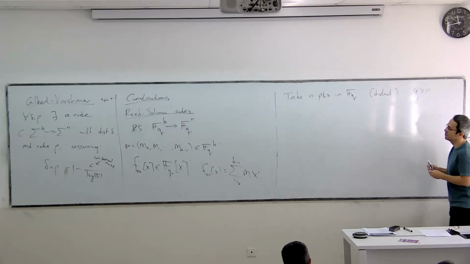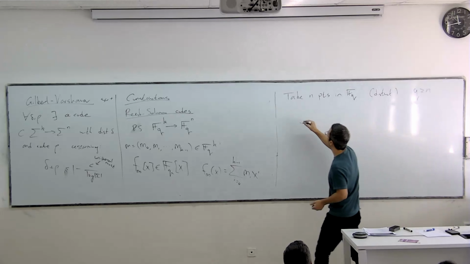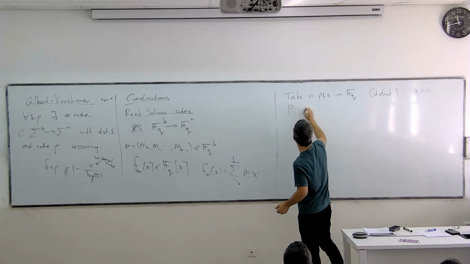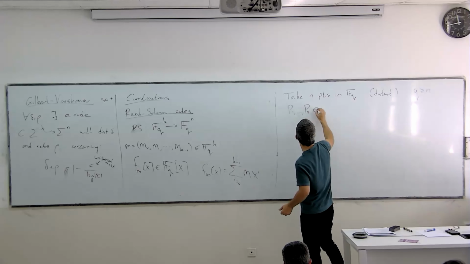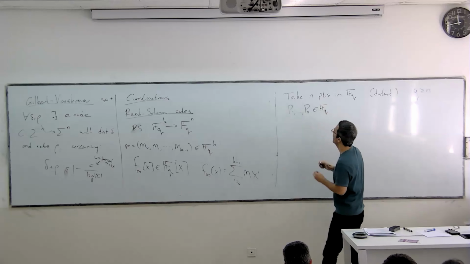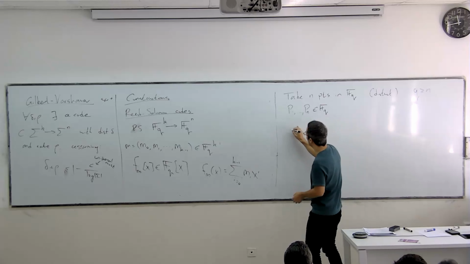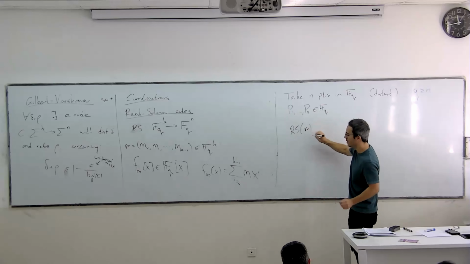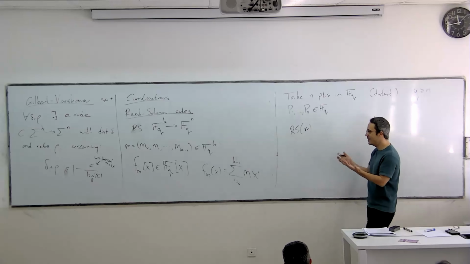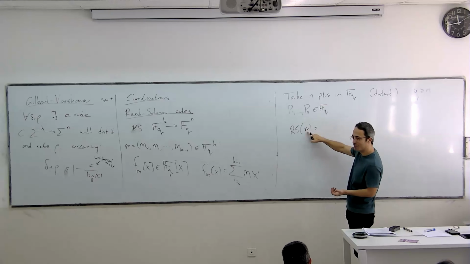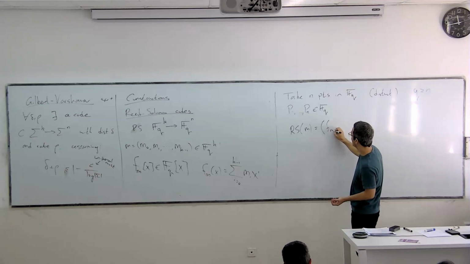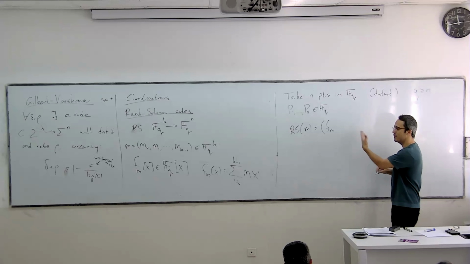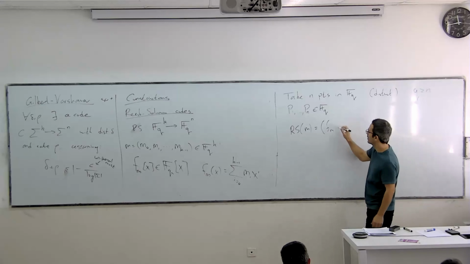I'm going to call them p_1 up to p_n. And then the encoding is as follows. The code takes the message, thinks of it as a polynomial, and what it outputs at the different indices is the evaluation of this polynomial on these points.